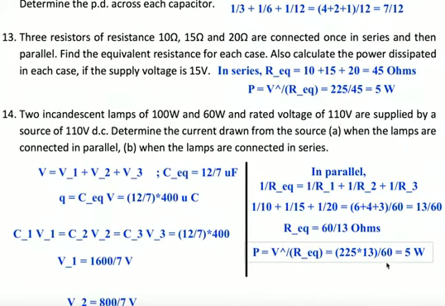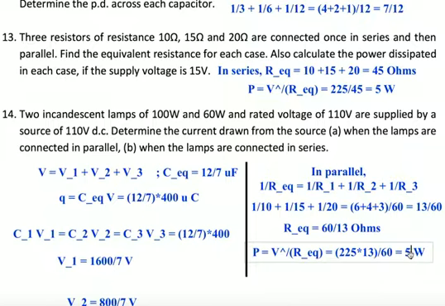It will go by 15. 15 into 15 is 225, is that not correct? Yes. So 15 into 13 divided by 4.